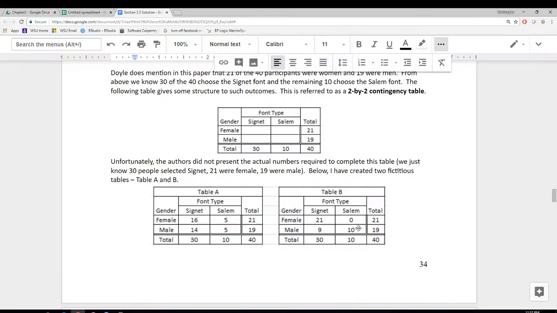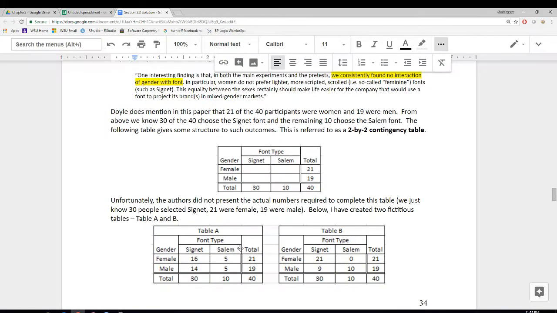And that's going to prove difficult, to use two different packagings depending on whether a female or male is buying that package. It's much easier to be in a Table A situation, at least for marketing or packaging purposes. It's much easier to have no interaction between gender and the font type.